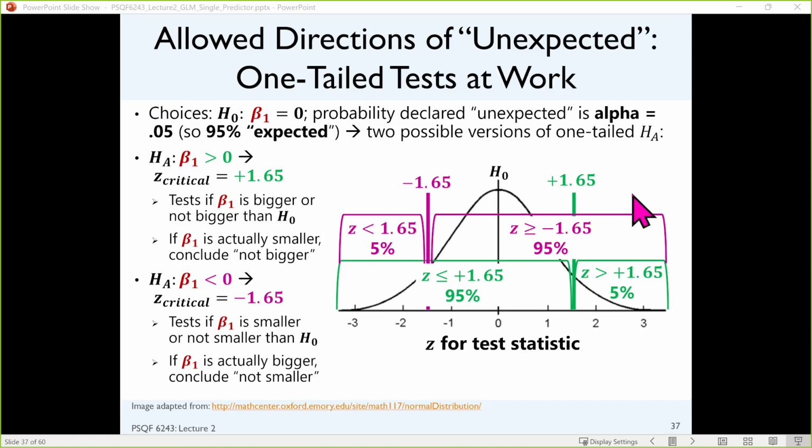But if I did a one-tailed test and I ended up, say, over here instead, then I would say my treatment didn't make people better. But what actually happened is that my treatment made people worse. That's not the same thing. My treatment didn't help is not the same thing as my treatment made people worse.